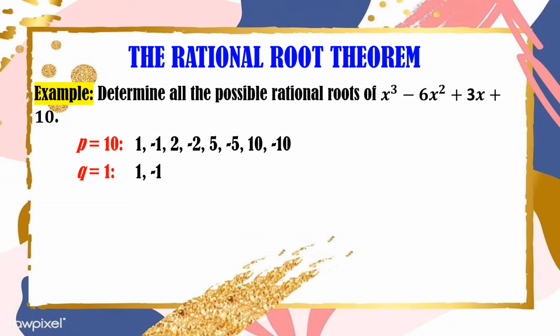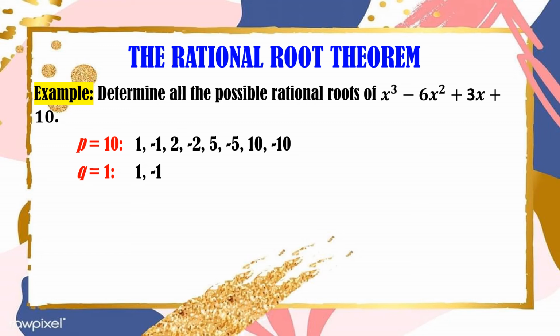So in the equation x cubed minus 6x squared plus 3x plus 10, p is equal to 10 since 10 is the constant, and q is equal to 1 since x cubed is the term that has the highest degree.